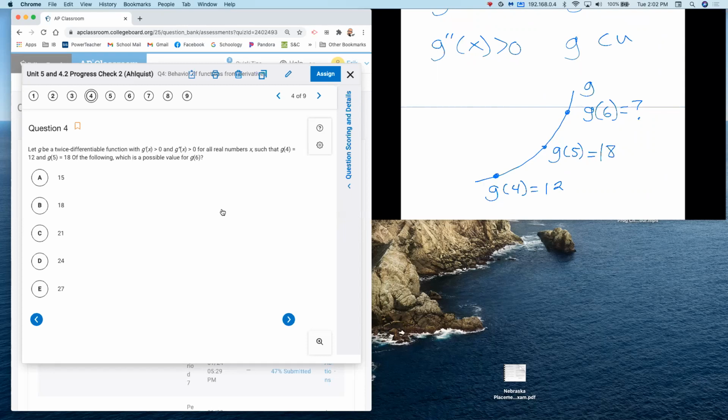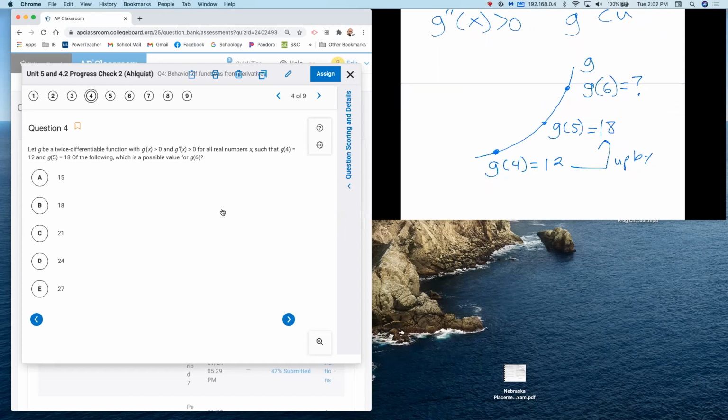Well, notice that this is going up by 6. So in order to figure out g of 6, if this were a linear function with no concavity, then g of 6 would go up by exactly 6 as well.